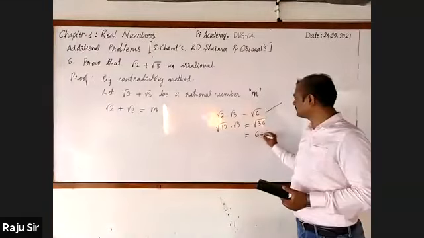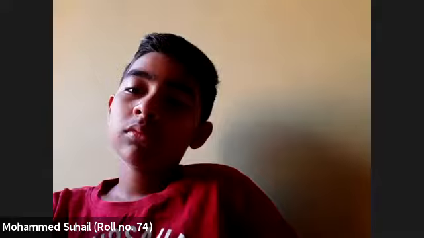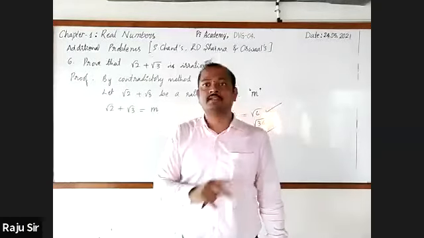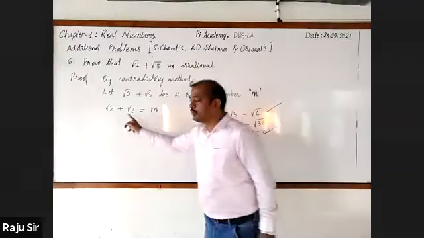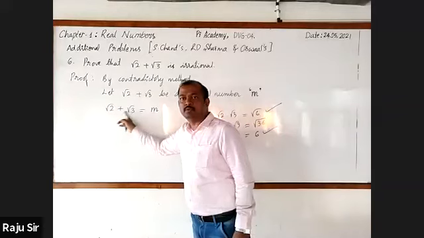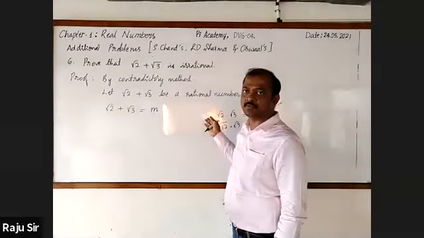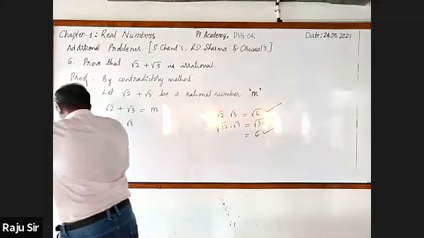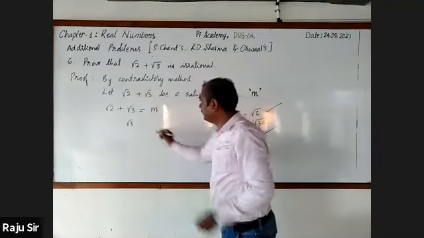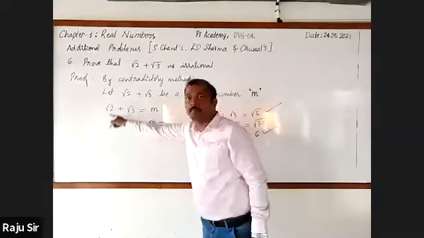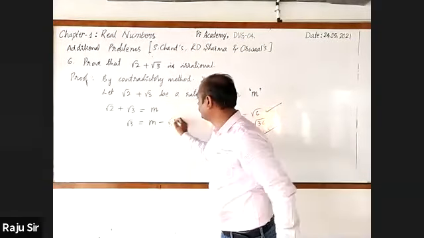Square root of 36 is 6, which is rational. The product of two irrational numbers may be rational or irrational. Hence, what we will do is we will transfer any one of these two terms to the right hand side. Root 3 is equal to m minus root 2.